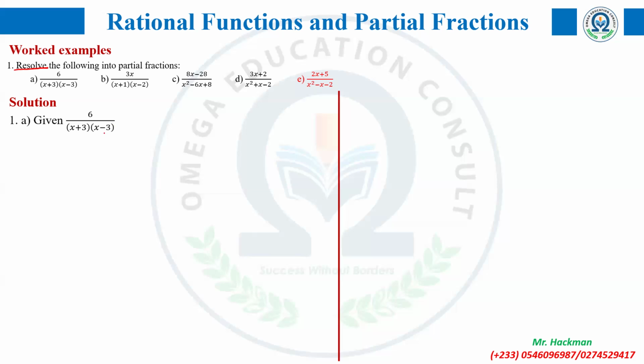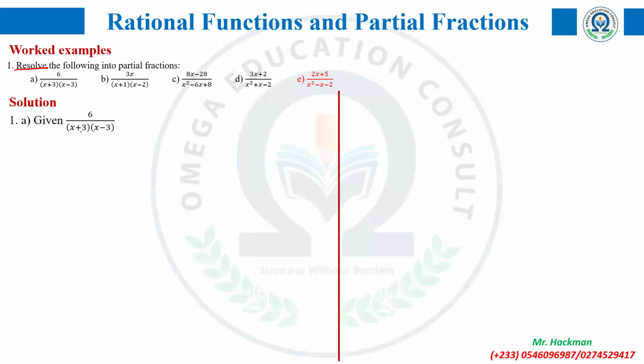Once it's proper, we can straight away move to the denominator. Our concentration next should be on the denominator. Here we have linear factors, and usually when you have linear factors, none of them will be factorable. So here you have distinct linear factors, and once you have distinct linear factors, each factor will have a fraction.